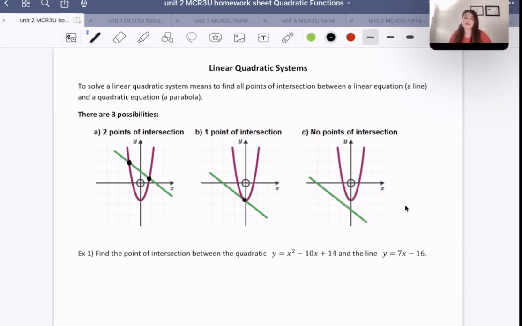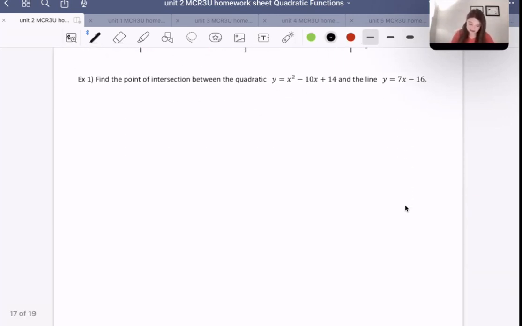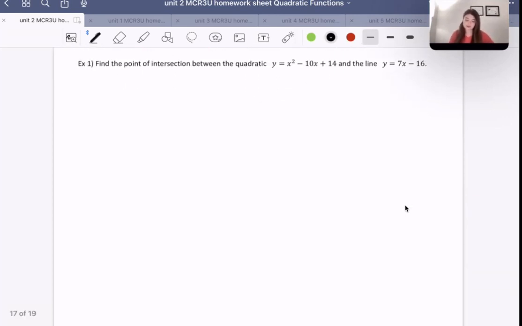So let's talk about how we can actually go about solving these linear quadratic systems. Example 1 asks, find the point of intersection between the quadratic y equals x squared minus 10x plus 14 and the line y equals 7x minus 16. So if we want to find the point of intersection, I'm going to equate these two.